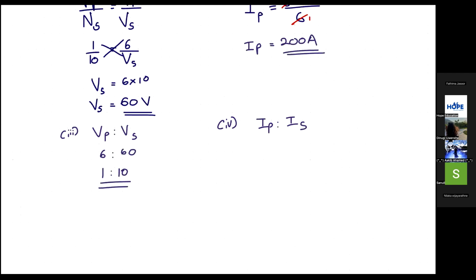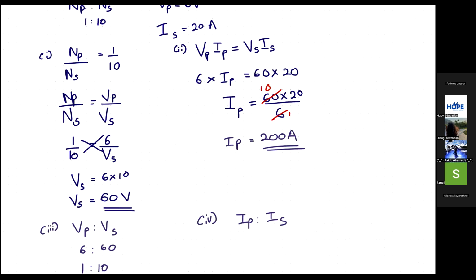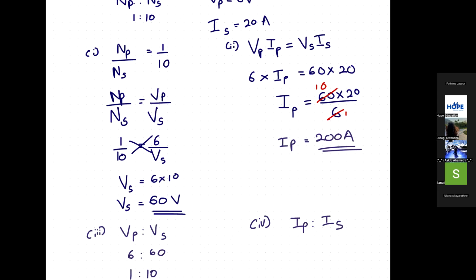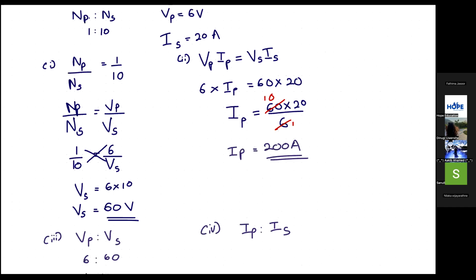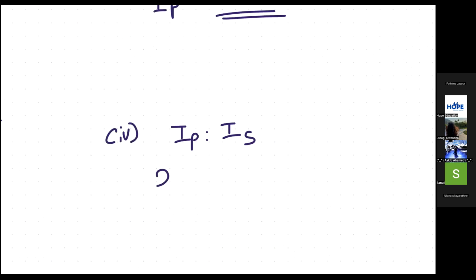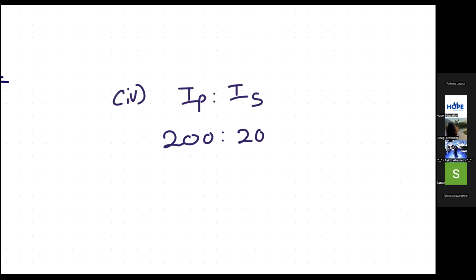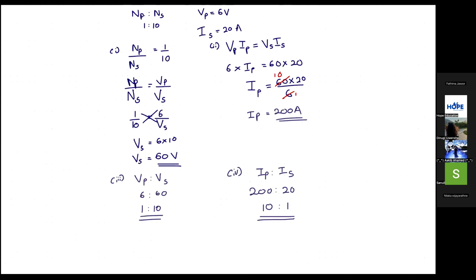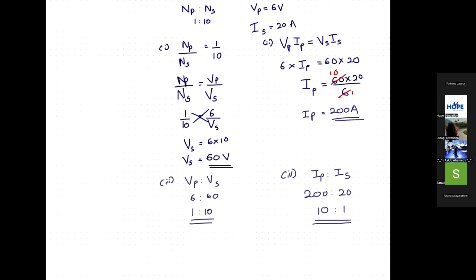Yes, Anuli, yes, Saki. 1 is to 10. IP here is 200 and IS is 20. Now 20 divides 200 to give 10, and 20 divides 20 to give 1. So it should be 10 is to 1. Okay? Is this clear to everybody? Can you all give me a thumbs up? Okay.